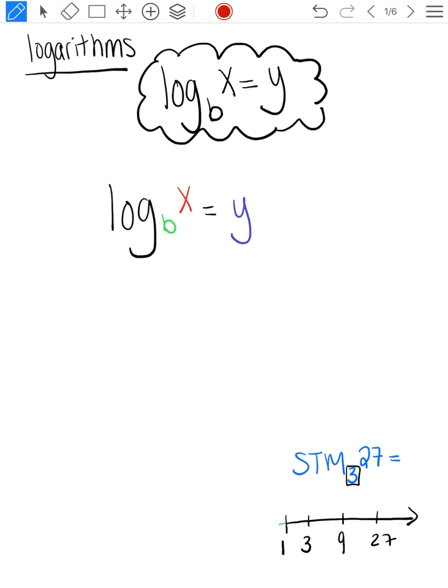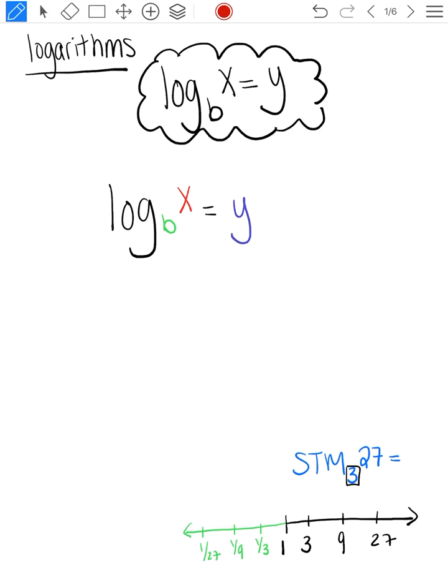We also talked about how you can extend the number line to the left, and there we would need to divide by 3. So we're not going to get negative 3, but we would get negative 1, we would get 1/3, 1/9, 1/27. And we talked about how staying away from a calculator is probably a good idea. Once we have these numbers to the right, 3, 9, 27.